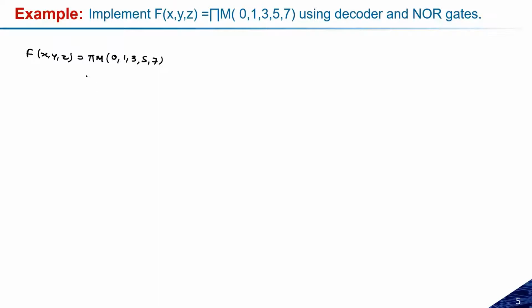So this function is nothing but the same as small f(x, y, z), and that is equal to summation of m of 2, 4, 6. So these two are the same.